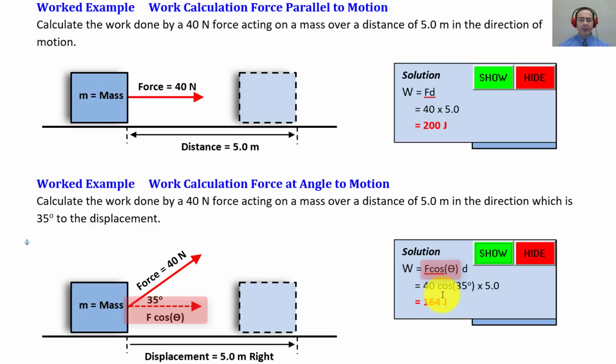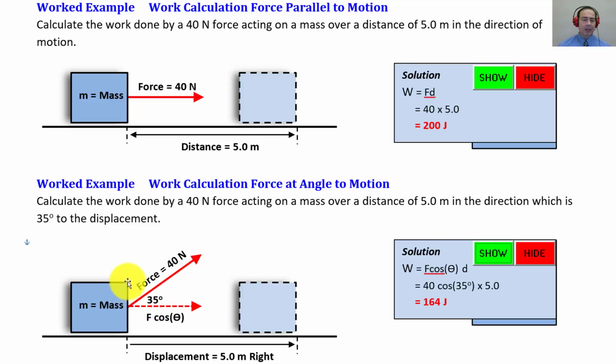So we have 40 times cos 35 times the displacement of 5 meters, giving us, rounded to the nearest whole number, 164 joules. So we note that is less than 200 joules because not all of the force is acting parallel to the motion, only part of it is.